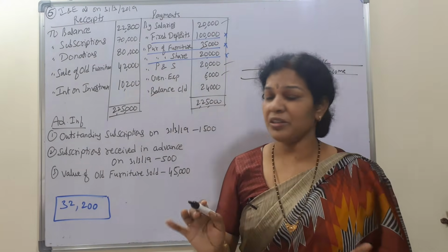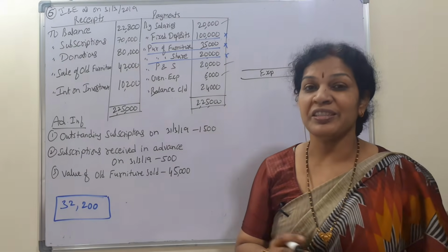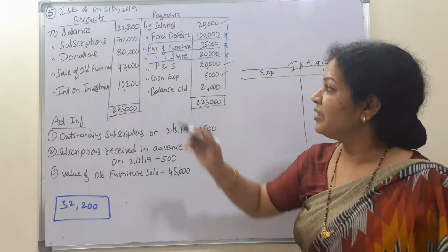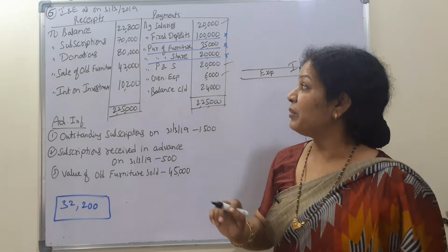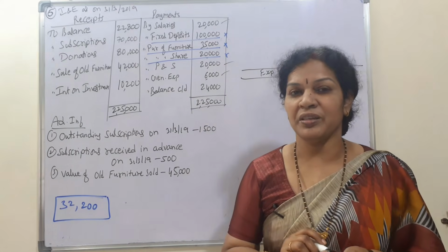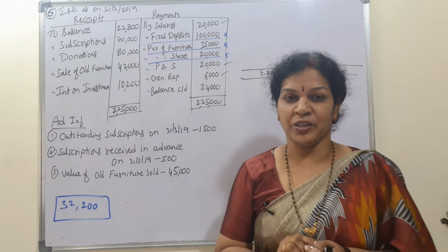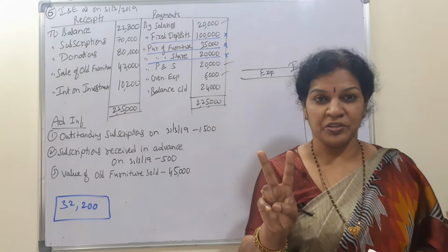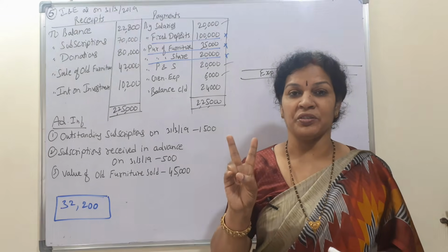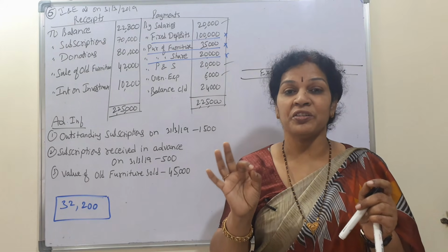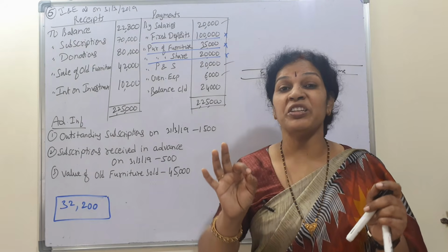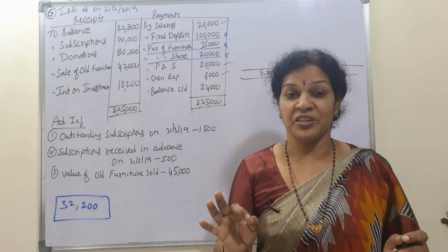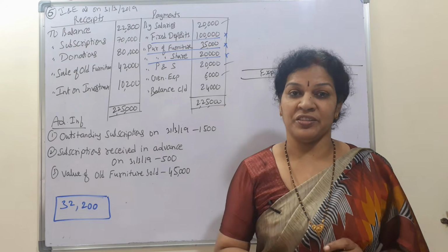Opening balance we don't touch. Subscriptions is income. Donations also income. But donations, always remember, in the very first class I told you, there are two types of donations: small donations and big donations. If the donation amount is huge, then it is to be capitalized.